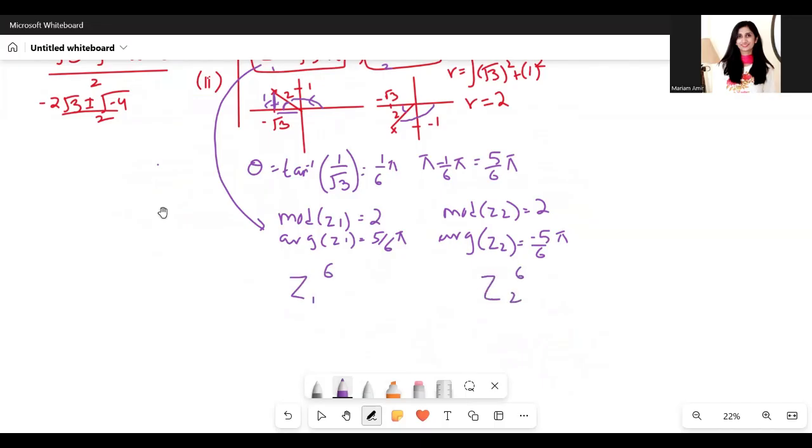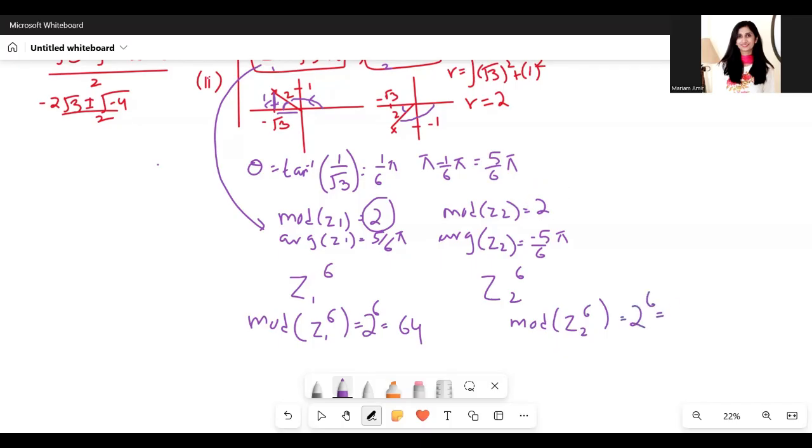We're going to use De Moivre's theorem, which says that to find the modulus of a power, in this case 6, you give the original modulus a power of 6. So this will be 2 to the power 6, which is 64. Similarly, the modulus of z2 to the power 6 will also be 2 to the power 6, which is 64.